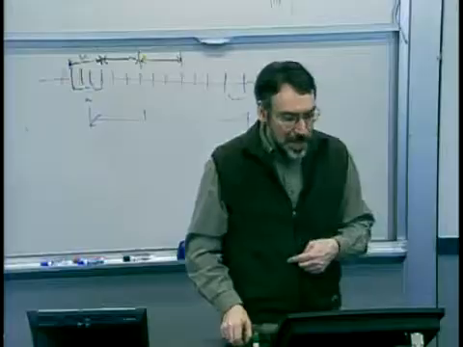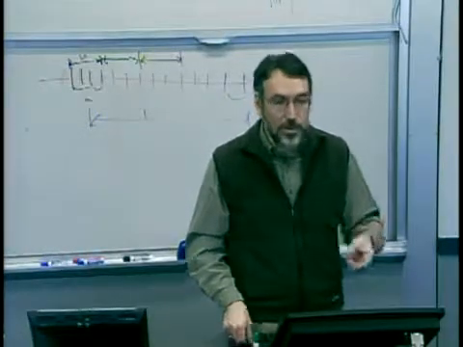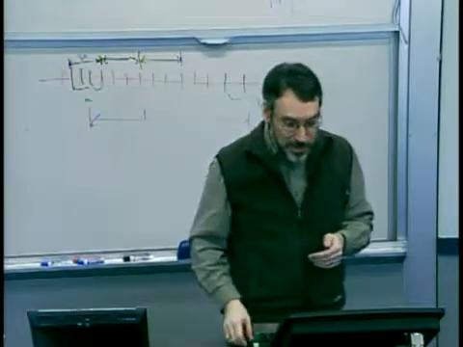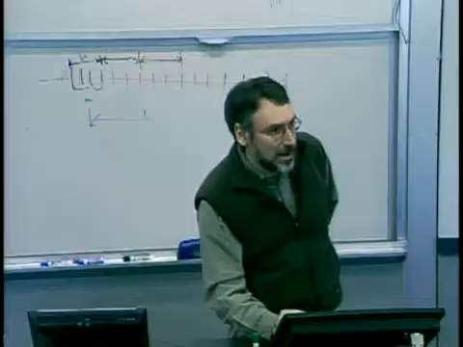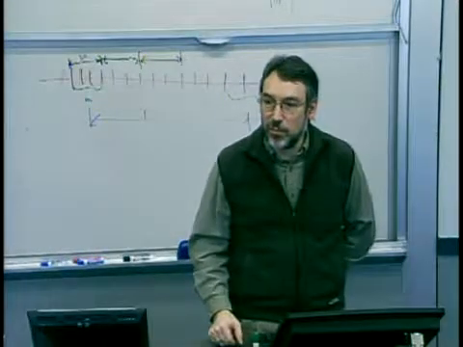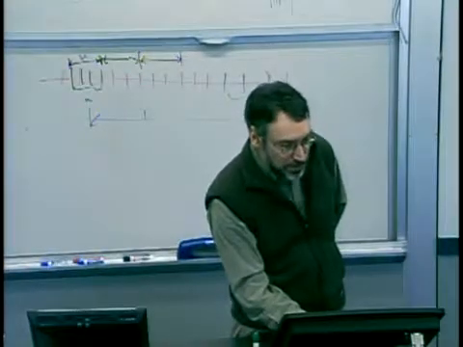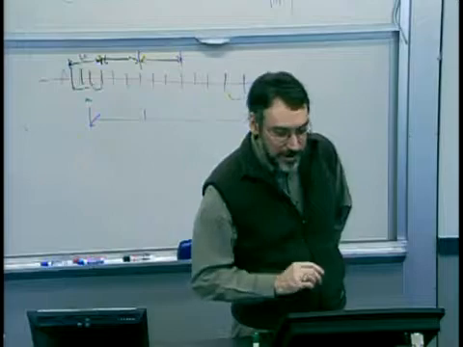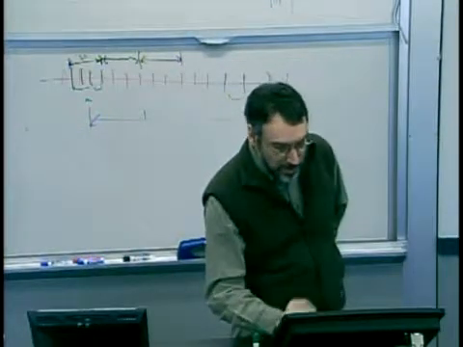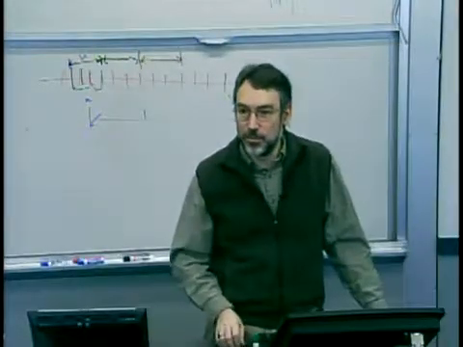If I go to a CPK of about 1.33, that corresponds roughly to a Z of 4. 4 sigmas. I'm 4 sigmas away from the spec limit. You can see I get about a 100x reduction in the number of non-conforming parts. If I can go another standard deviation, or a CPK of about 1.67, I get another factor of 100. And similarly, I get about another factor of 100 if I can get to a CPK of 2.